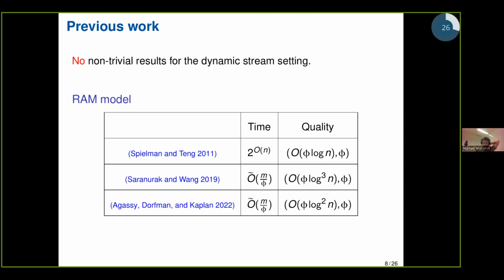So I will talk about the RAM model a little bit. In the RAM model, one of the earliest works on constructing expander decomposition was by Spielman and Teng, where they showed that in exponential time, one can achieve the best known trade-off. And their algorithm is a refinement of the algorithm that I mentioned before.